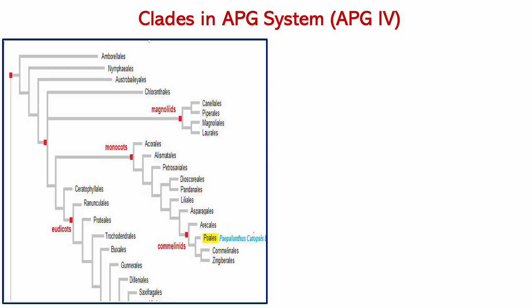The Angiosperm Phylogeny Group, or the APG system, utilizes various clades to classify the flowering plants based on the evolutionary relationships. Here are some of the clades recognized in the APG system. Monocots, which includes commelinids, liliales, asparagales, alismatales.